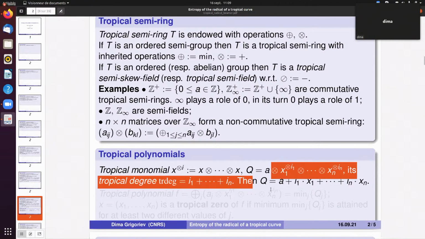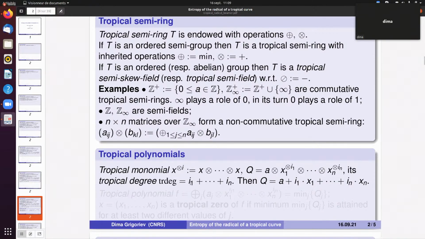One can talk about its tropical degree, which is the sum of the powers, similar to the classical sense. Classically, one can view a tropical monomial as a linear function with integer coefficients. Say the free coefficient can be real, and the coefficients at the variables are integers.